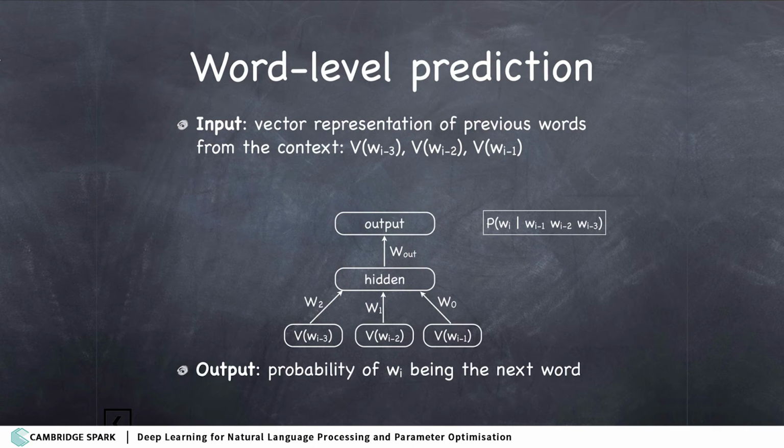Given that we have the vectors that represent the previous words, say up to 3 previous ones, we're going to feed them into the neural network, produce the output, and then calculate the probability of the most likely words that would follow.